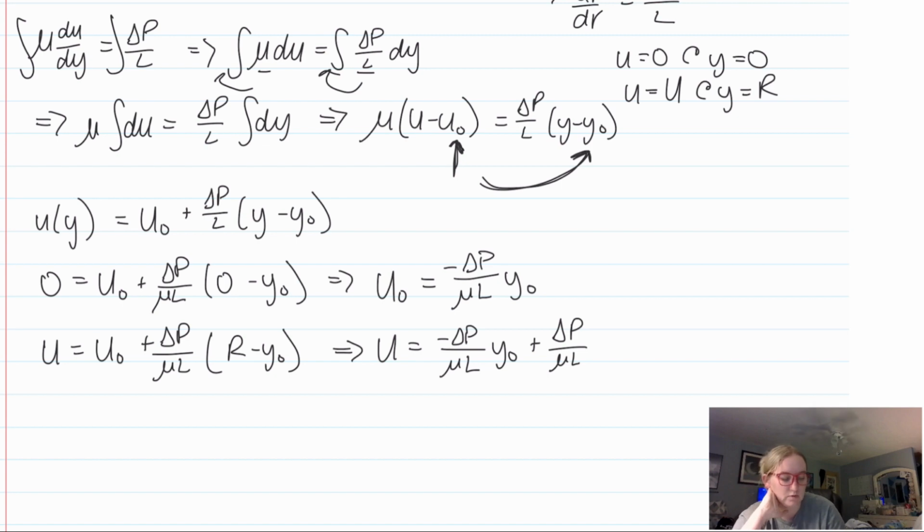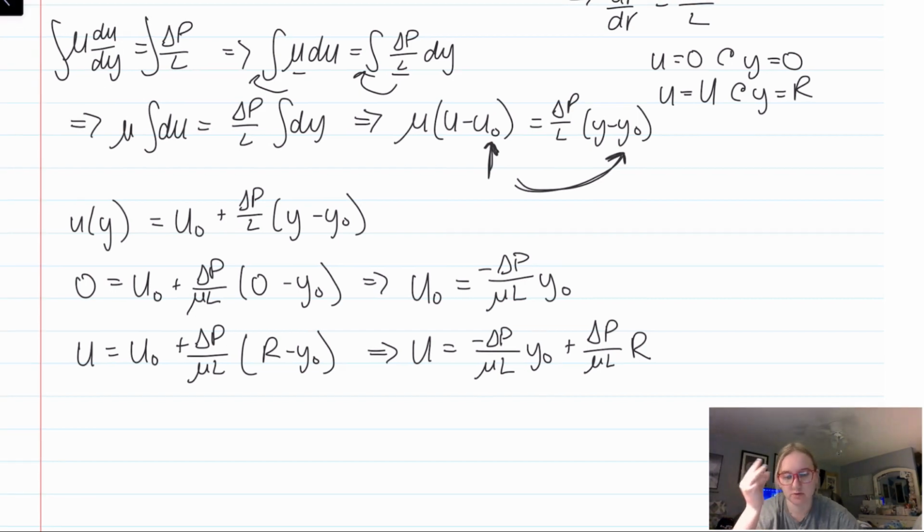This is just multiplying out the r and the y. So then if we take these equations and solve the two equations, which will give us u naught and y naught, which can then be substituted back into the expression. So for the first equation, we'll express y naught in terms of u naught. I believe it's this equation. Let's just make this easier to see.